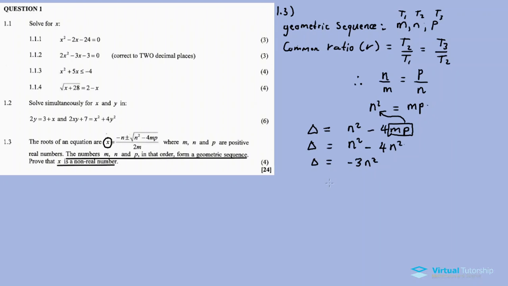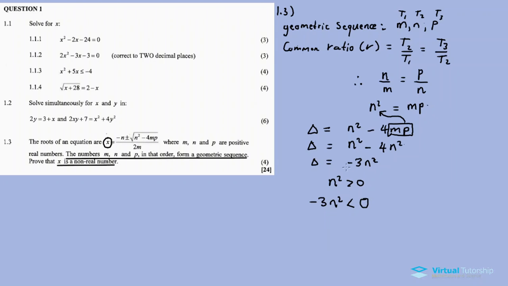And then we know that any number we square is always greater than 0. Any number raised to exponent 2 is always greater than 0. Take negative 5, now we square it and get positive 25, which is greater than 0. Any number we square is always positive. And then we multiply a positive number by negative 3, and you get a negative value.